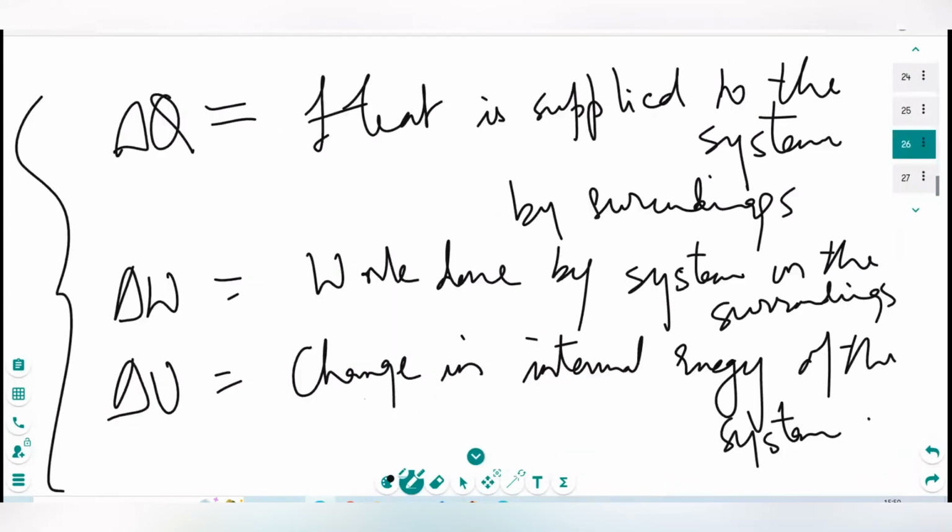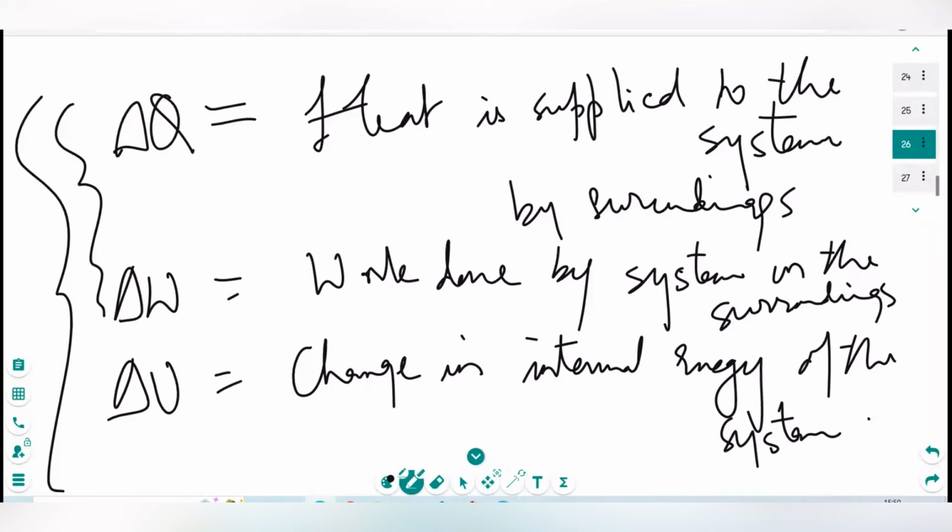Heat applied to the system by the surroundings will be plus, otherwise it will be minus Q. Work done by the system on the surroundings is plus; if vice versa, it will be minus. So these two are path dependent. If you go this way, it will be plus.